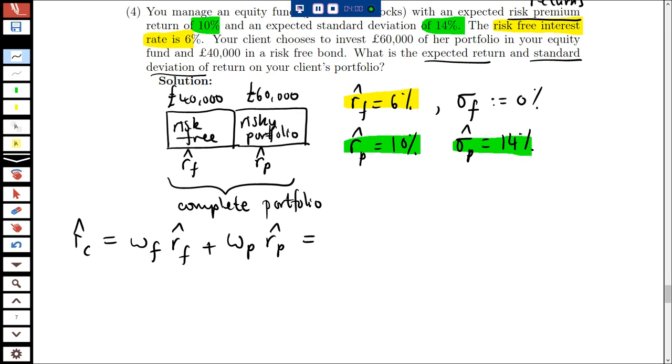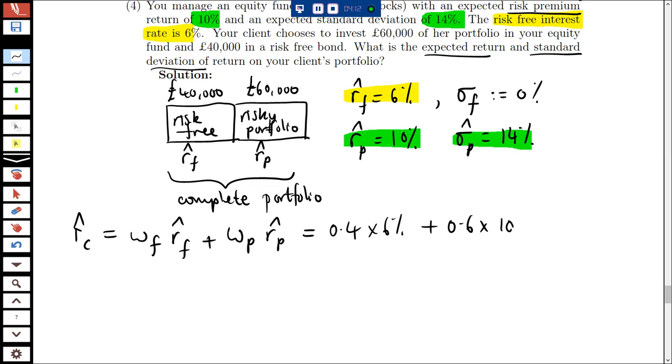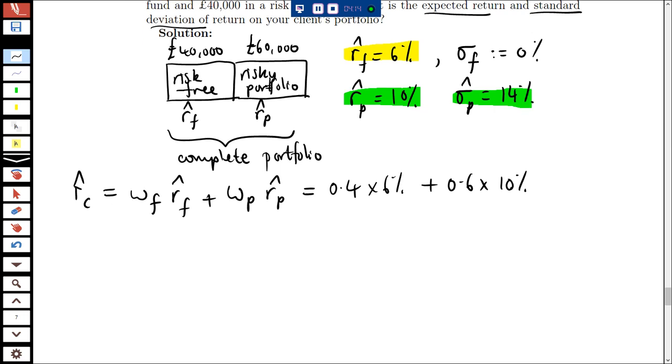So the weights in the risk-free is 0.4, and in the risky 0.6. Okay, so simple calculation. Do the numbers. Put a number crunch in, get 8.4%.